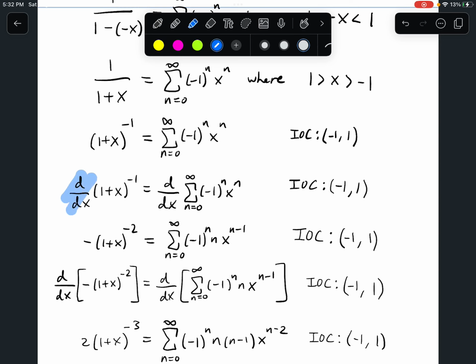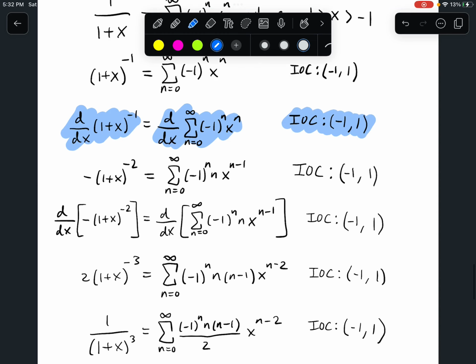So here we go. We've differentiated both sides, and our interval of convergence stays the same because there's no endpoints to lose. And doing the differentiation, we get this, and we get this, and our interval of convergence stays the same. So that's great progress.